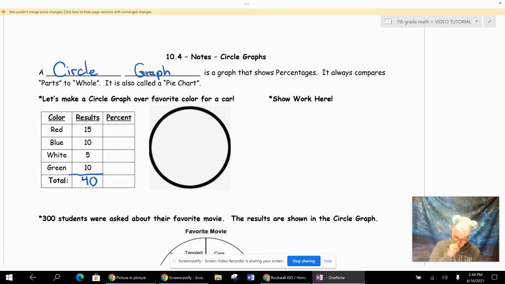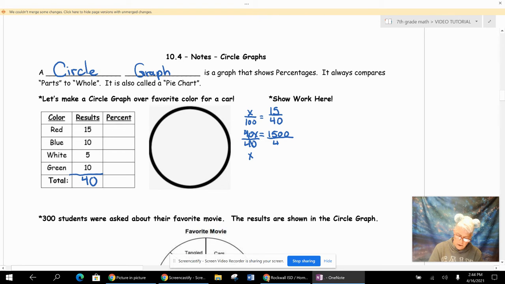So let's see. I'm going to start with our formula, x over 100, because remember percent means out of 100. My total is going to be 40. Let's go ahead and do red first. 15 people said red cars. So I'm going to put my 15 over 40, and then I'm going to cross multiply and divide.